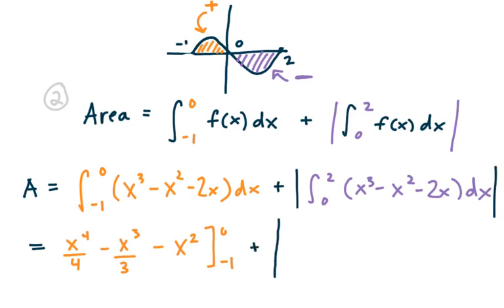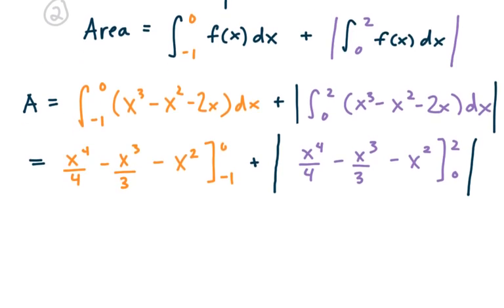Plus we'll do the same thing and we'll get the same integral for the second piece. Again, we'll get x to the 4th over 4 minus x cubed over 3 minus x squared, and evaluate that from 2 to 0. So let's see what we get here. First, I'll plug in 0. 0 to the 4th over 4 minus 0 cubed over 3 minus 0 squared. That gives me a value of 0.